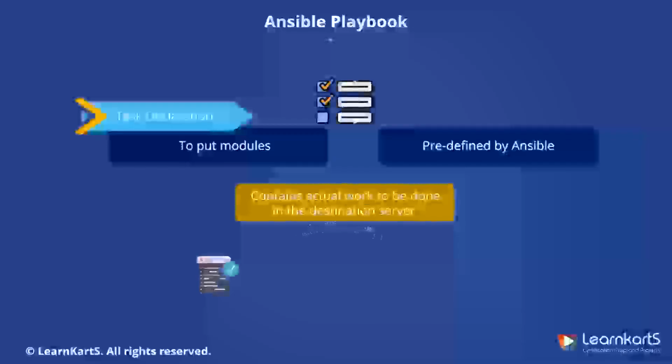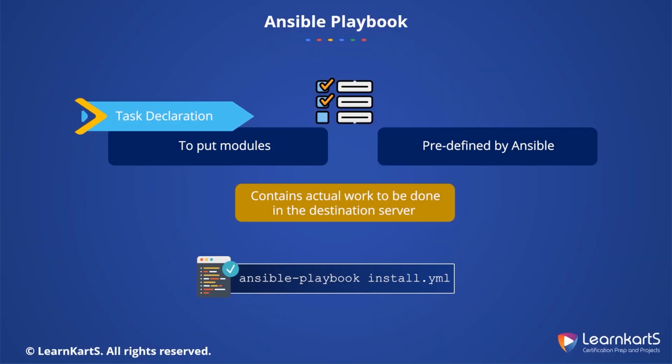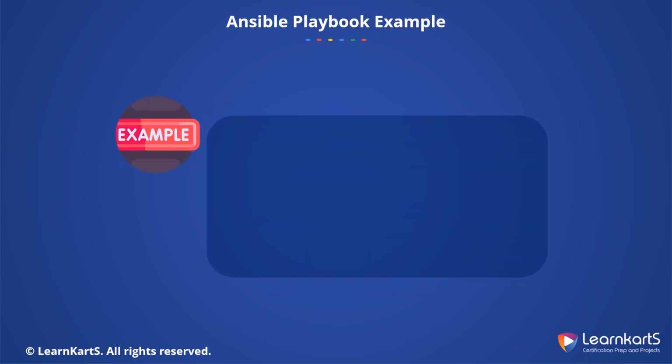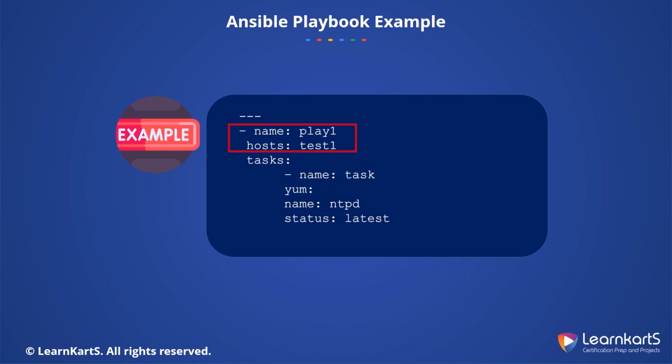So ansible-playbook install.yml, this is the standard command which you can run, so that you will be able to get the proper execution of the Ansible playbook file here. So this is a classic example. The play is play1, host is test1, that we are trying to run on test1 here. And as you can see, we can have the task, and under the task we have task 1 which we are trying to execute.